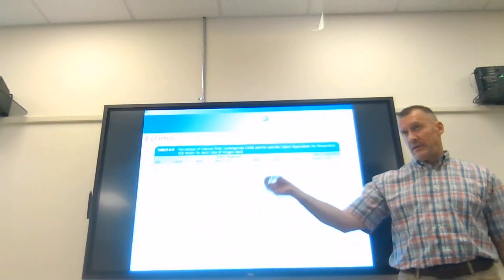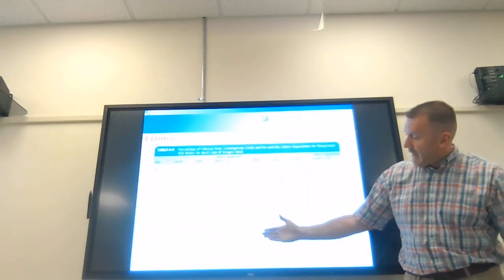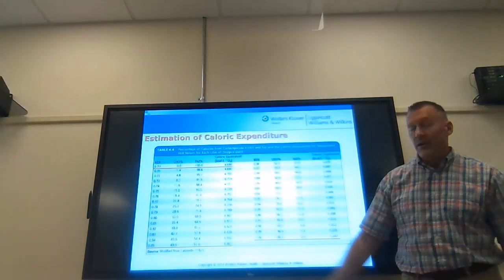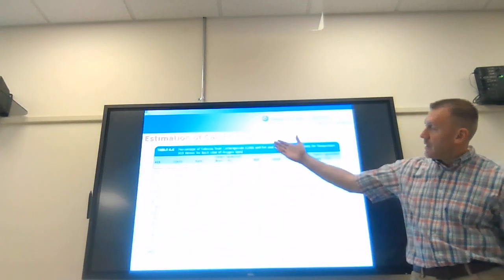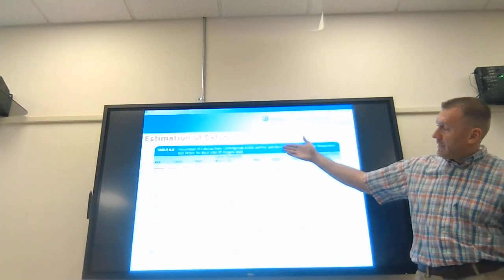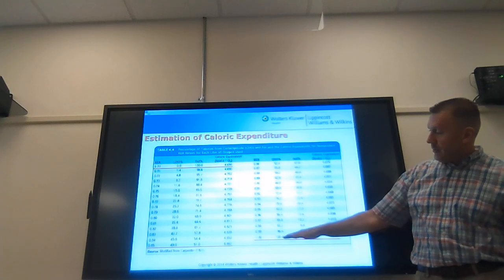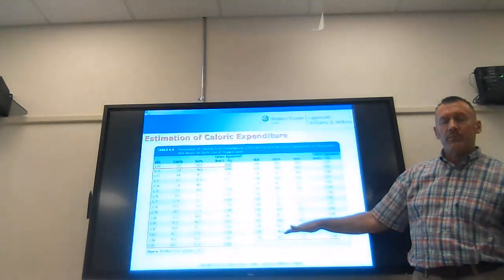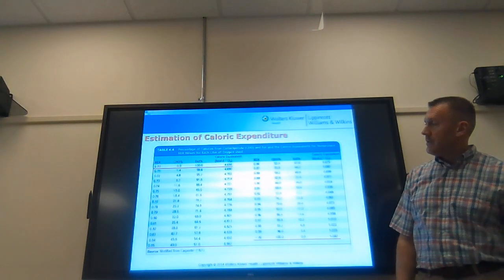Again, if it's beyond the anaerobic threshold, we can have respiratory exchange ratios that are higher than 1. And so you can see that as respiratory exchange ratio goes up, the percentage of calories coming from carbohydrates goes up until we reach 100%, whereas the percentage of fat calories goes down.